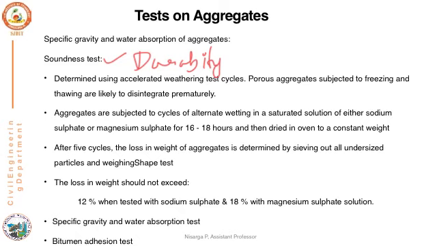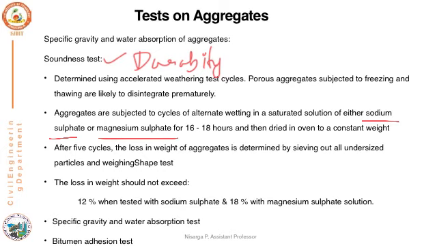For this purpose, again the experiment works with a simple procedure. Aggregates are subjected to cycles of alternate wetting and drying in a saturated solution of either sodium sulfate or magnesium sulfate for a duration of 16 to 18 hours, and then oven dried.